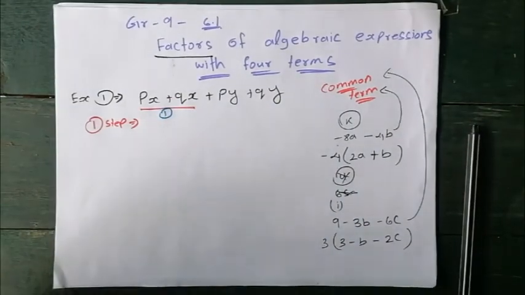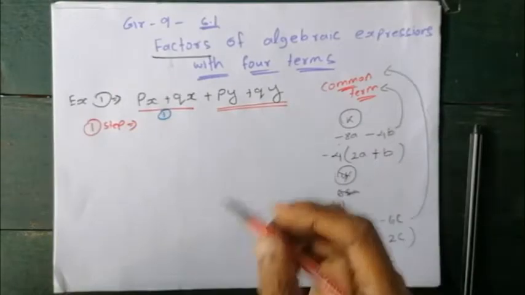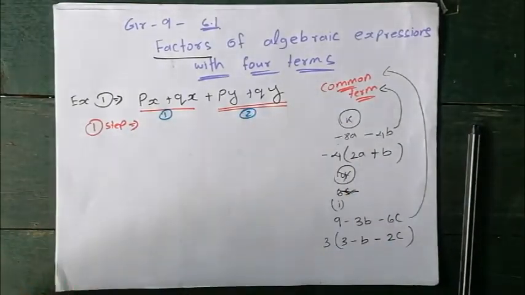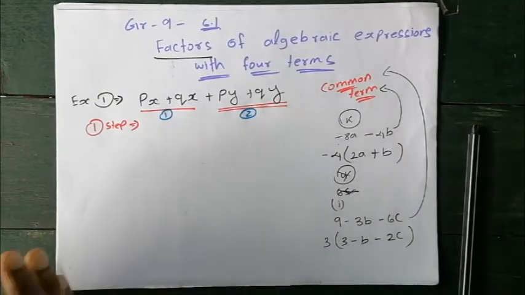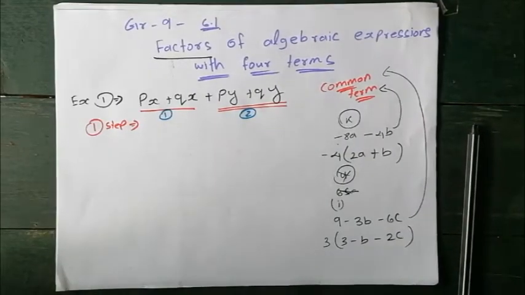This is our first pair, and the remaining 2 terms we take as the second pair. So what is the first step you need to do? You have to pair the terms, 2 terms in each pair. Okay, so that is our first step.